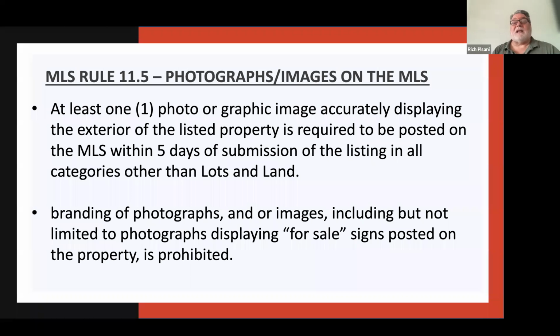That's 5 calendar days, not business days, of the listing in all categories other than lots and lands. So there needs to be one photograph within 5 days in the MLS of the exterior.